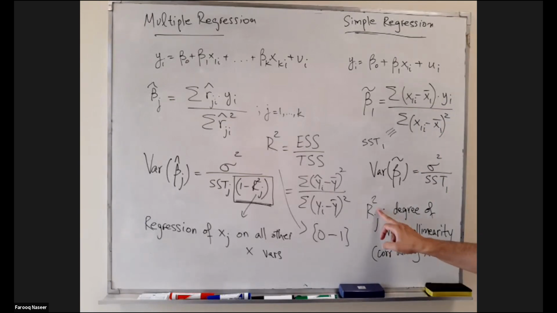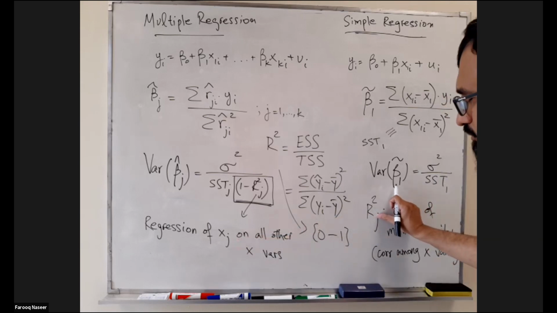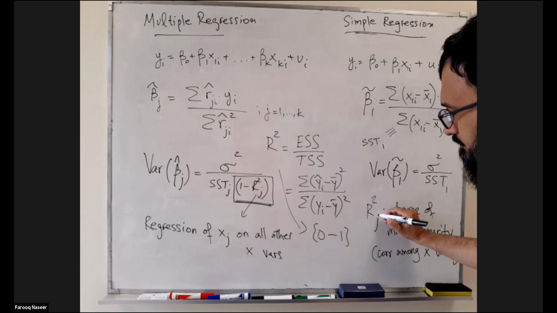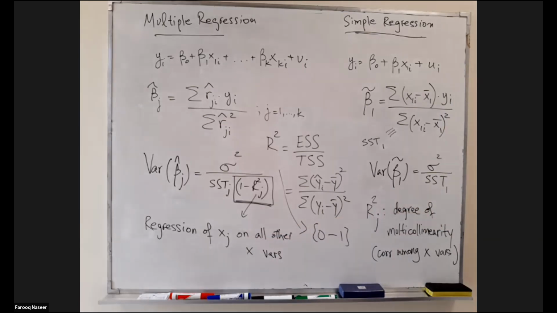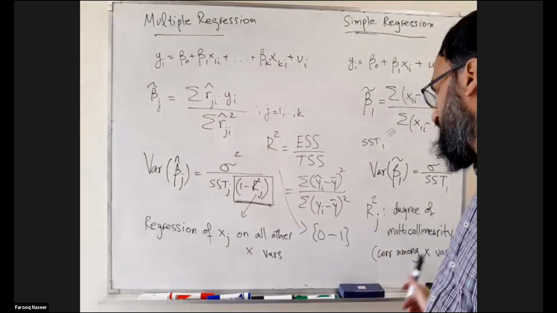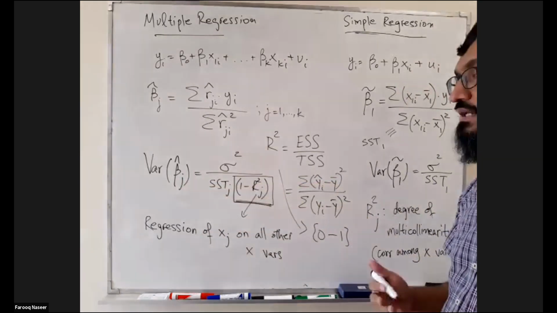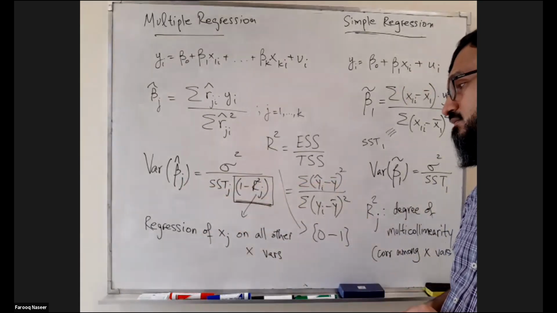So अगर r square j की value high है, so that means that my x variables are highly correlated with xj. So the degree of multicollinearity is high. And if r square j is low, then xj is not very correlated with the other x variables. So the degree of multicollinearity for that specific slope coefficient in estimating that is low.